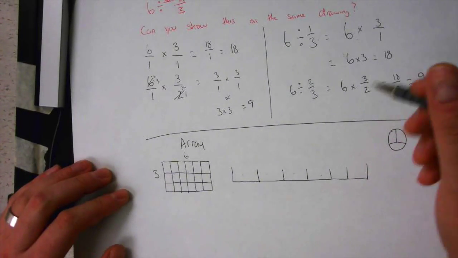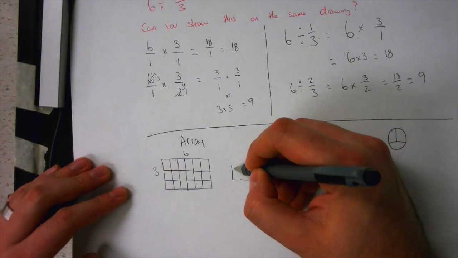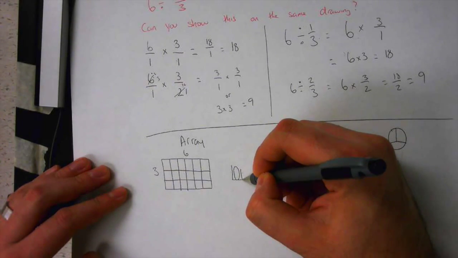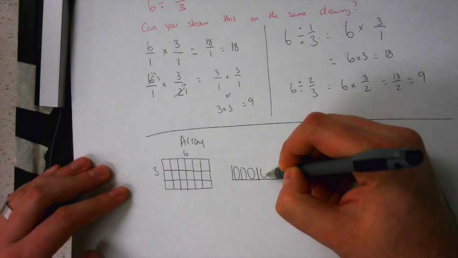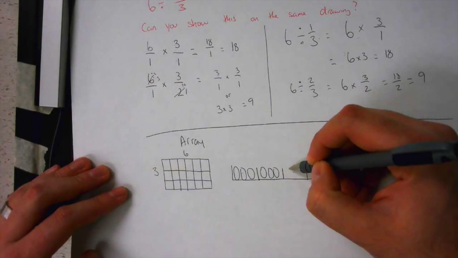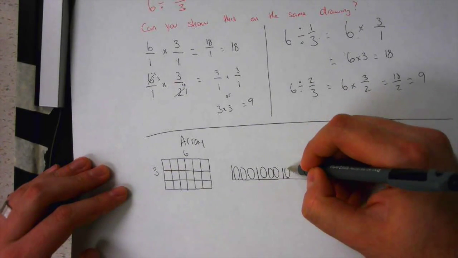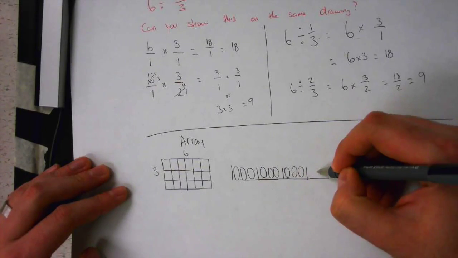What I want you to do is visualize this like this. Pretend your chocolate bar is broken up into 3 parts. Each chocolate bar is broken up into 3 parts.